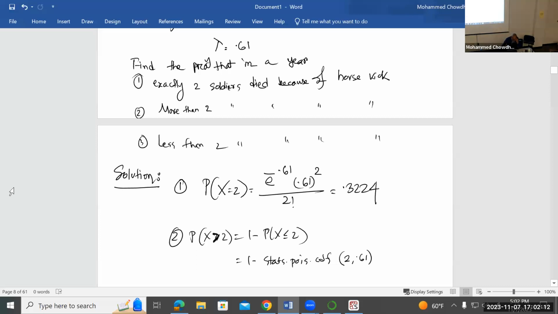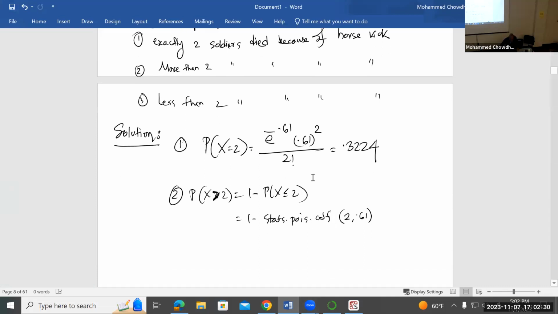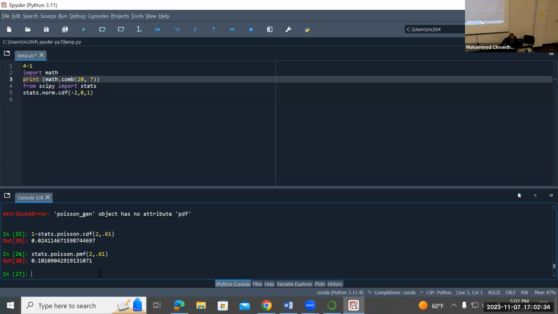Why are these results different? Did I make something wrong? Let me take these things again. Lambda, right? Let me do it another way.